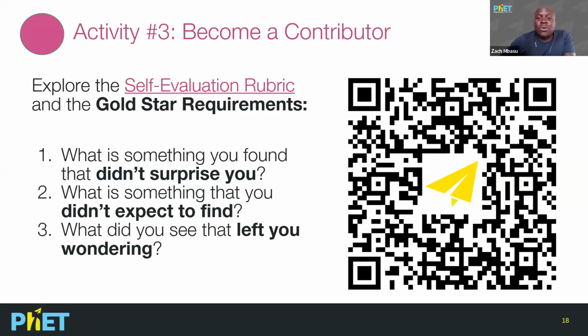And lastly, what did you see that left you wondering? You can type your feedback in the chat box, or we can allow you to verbalize your thoughts about those questions as you explore that self-evaluation rubric that we use for evaluation and to enable your activity to meet the gold star requirements.